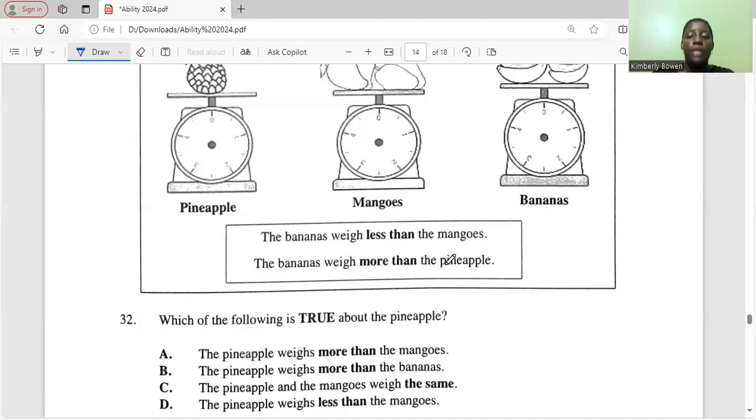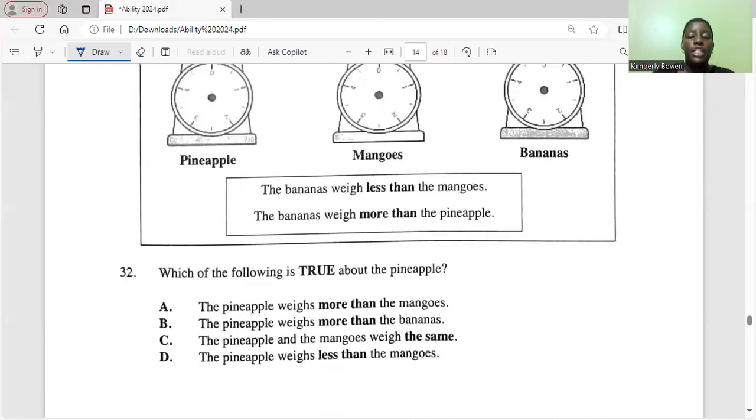So based on the weight, we'll have the mangoes weighing the most, then the bananas, then the pineapple. Which of the following is true about the pineapples? Based on the order that I just listed, we know that the pineapple does not weigh more than the mango because the banana weighs more than the pineapple and the mangoes weigh more than the bananas.